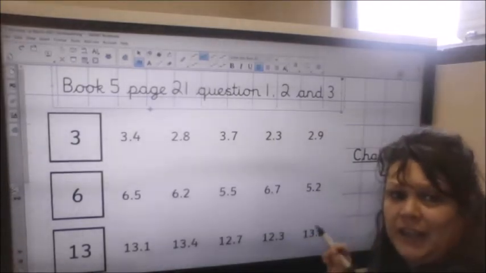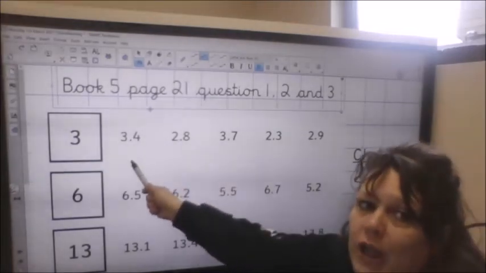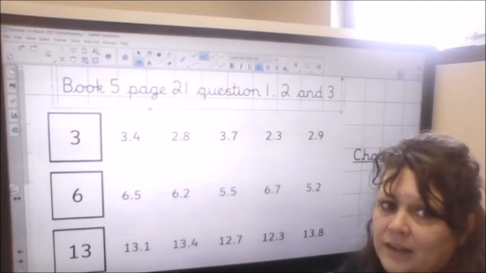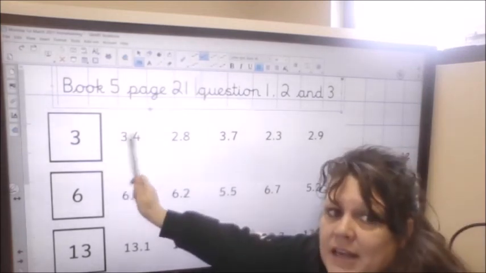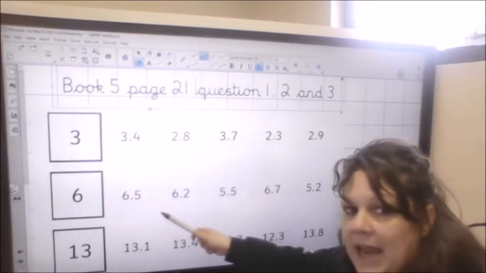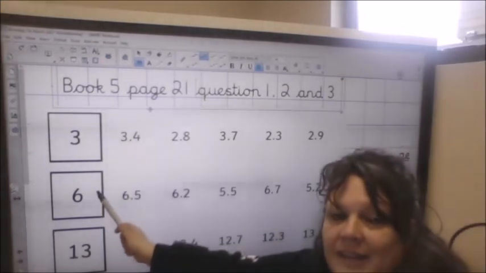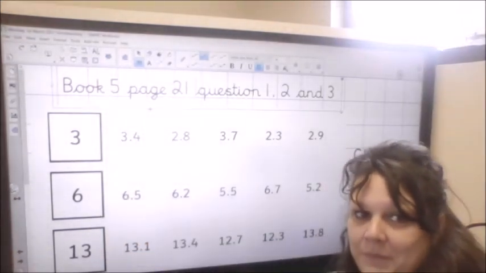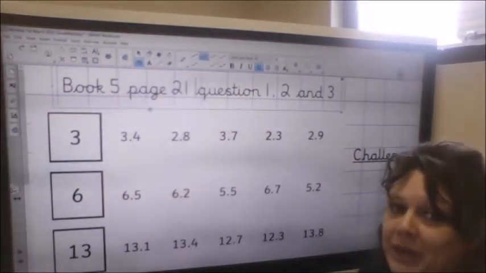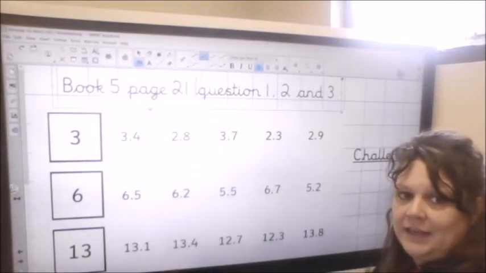And then the challenge is this. You've got to circle any of the numbers that could be rounded to 3 to the nearest whole number. Then circle any numbers that could be rounded to the nearest whole number being 6. And then any of these numbers you circle that could be rounded to 13, the nearest whole number.